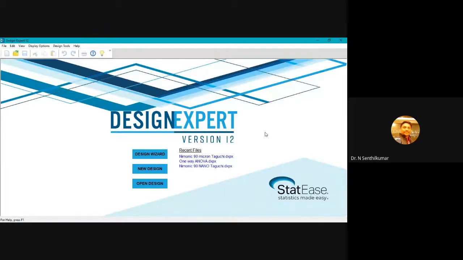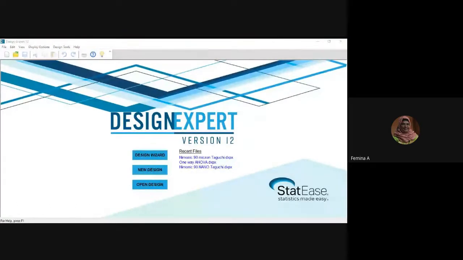First we will start with Taguchi's technique, which is a simple tool. First I will tell you some of the basics, and then we will move on to the hands-on training.